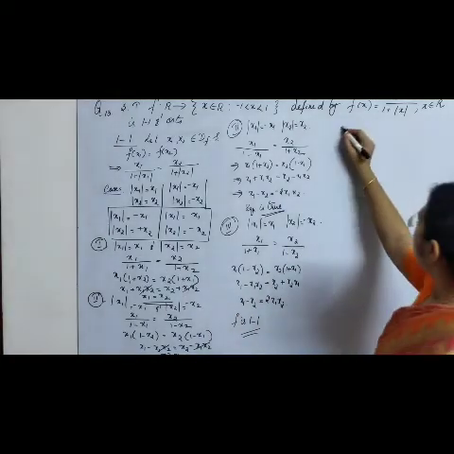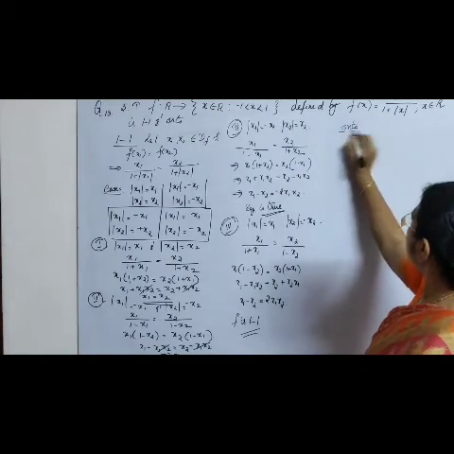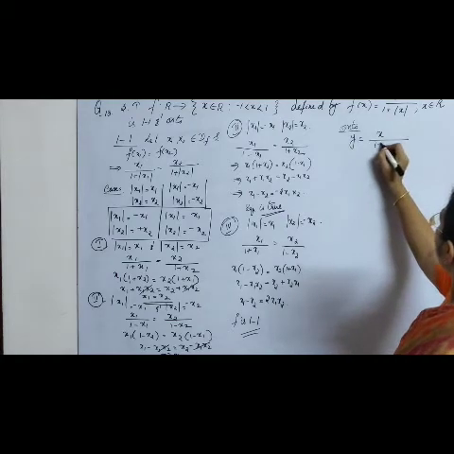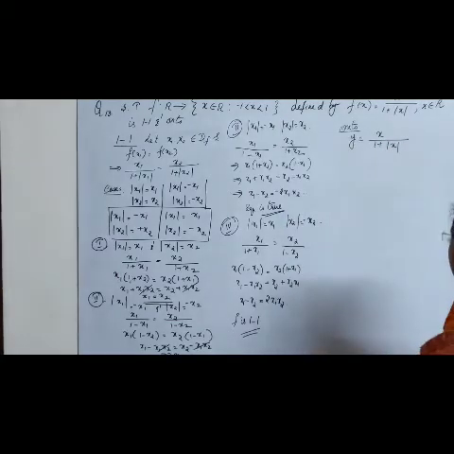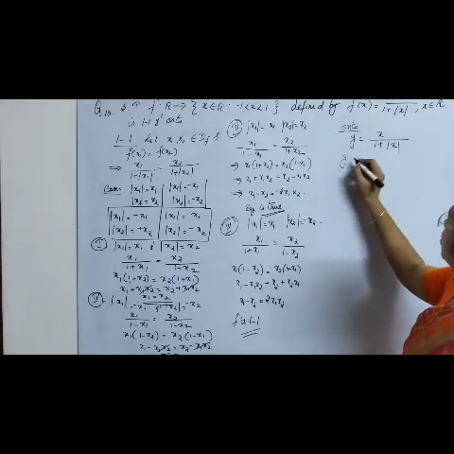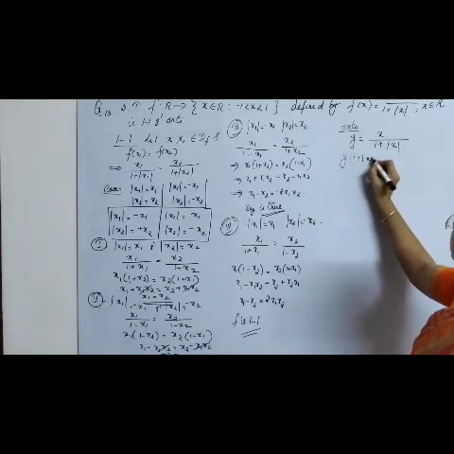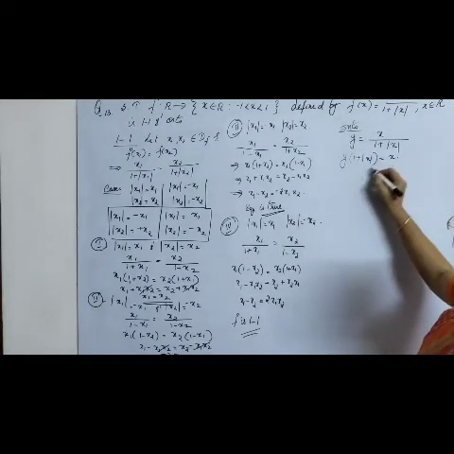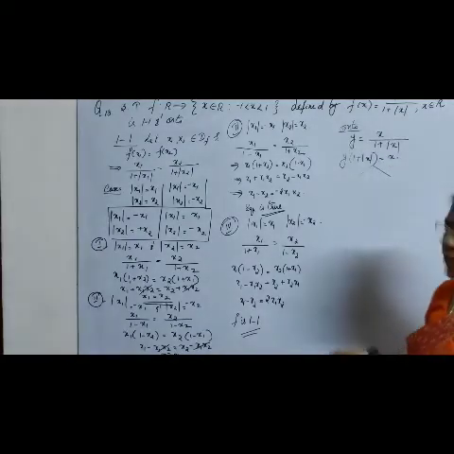Now coming to onto, to prove that it is onto. What do you have? y is equal to x by 1 plus mod x. Right? y is equal to x by 1 plus mod x. Now y into 1 plus mod x is equal to x. Right? Here again there are two different cases happening.